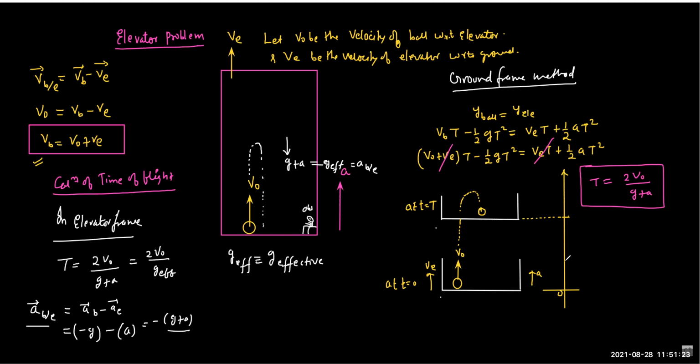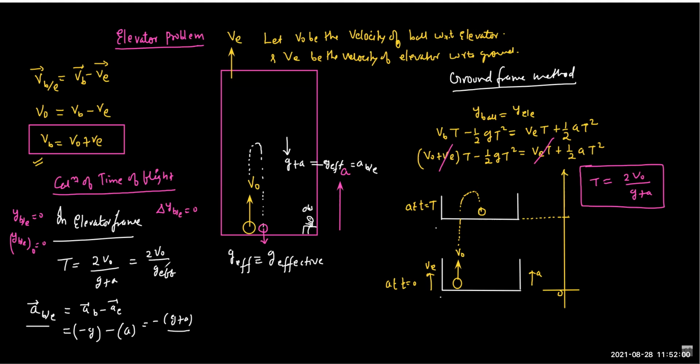Because it is leaving the floor and coming back to the same floor as per this observer, the y displacement of the ball with respect to the elevator is 0. So you can use the formula of relative kinematics and you get this answer.